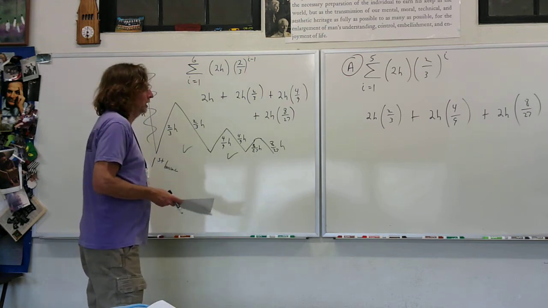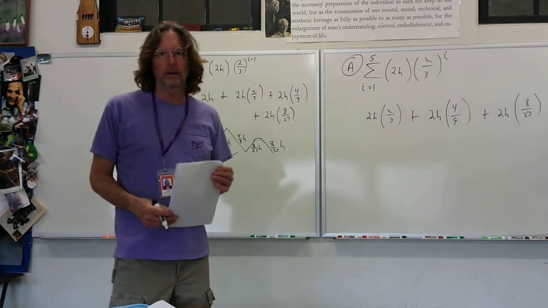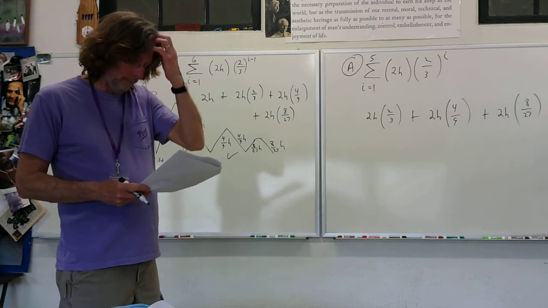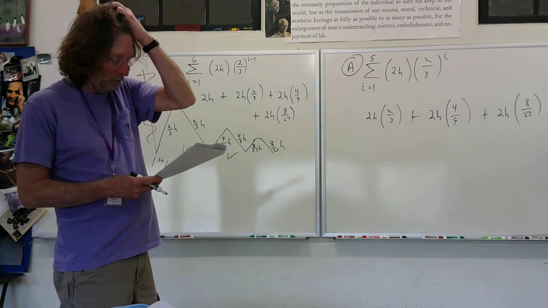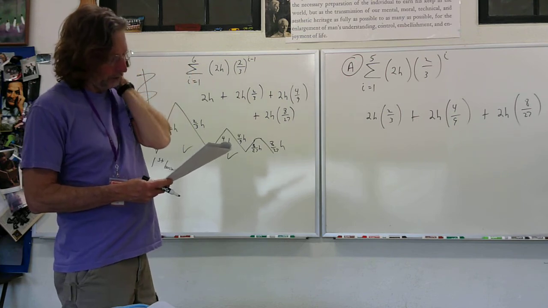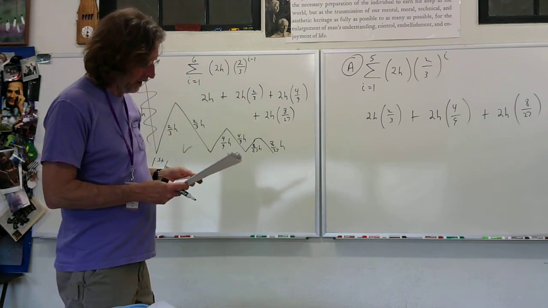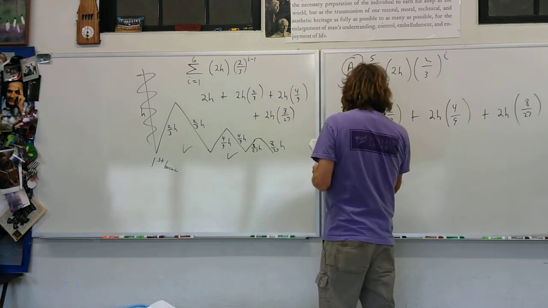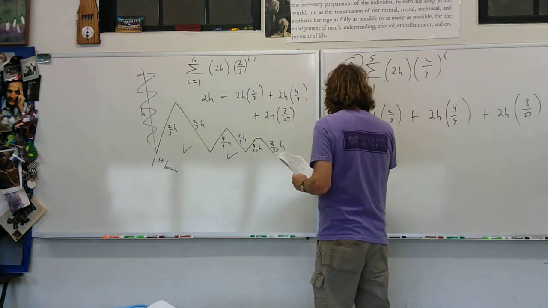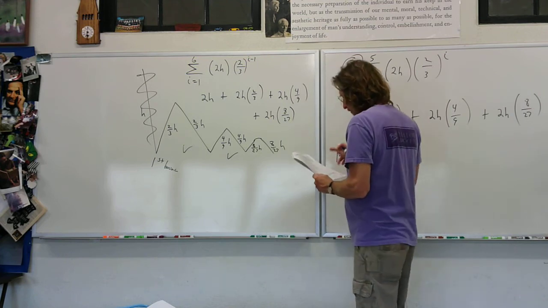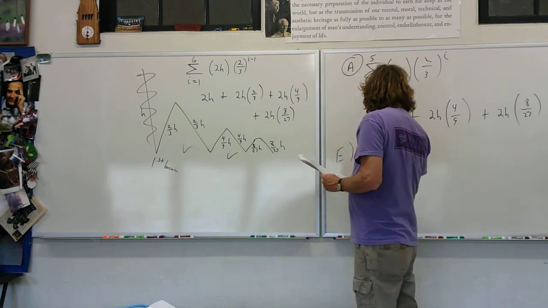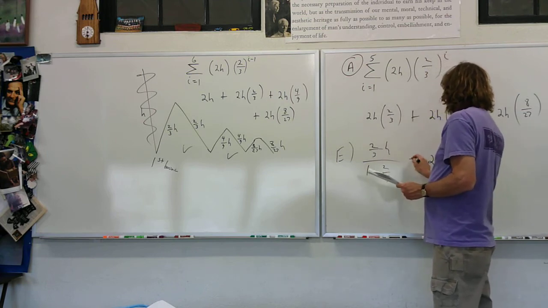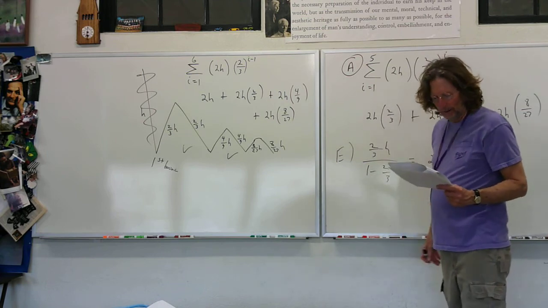This is a geometric because you're multiplying by something every time. So the E answer would be the first term over 1 minus the ratio. The first term, if you did E, would be 2/3 h. This is what E would make. 1 minus 2/3 is 1/3, so you get 2h. So it would travel forever and ever, and it would add up to 2h.